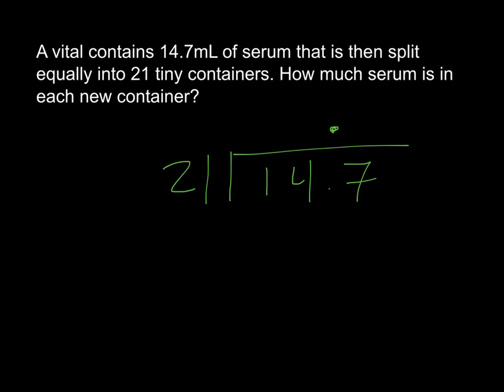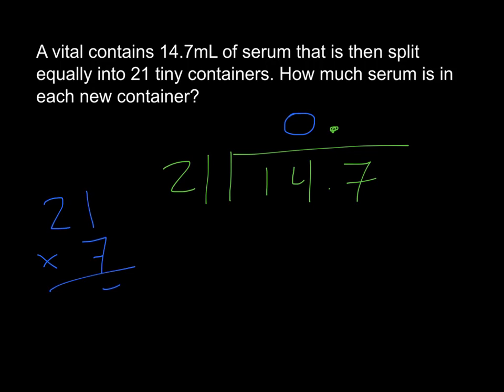Now, I don't know exactly what 21 goes into, but I do know that it doesn't go into 14, so I'm going to start with my 0. I'm going to estimate to try to solve this. If I dropped the 1, I can look at this and say 2 goes into 14 about 7 times. So let's try 21 times 7 and see where that gets us.